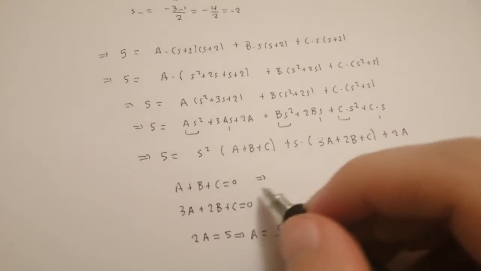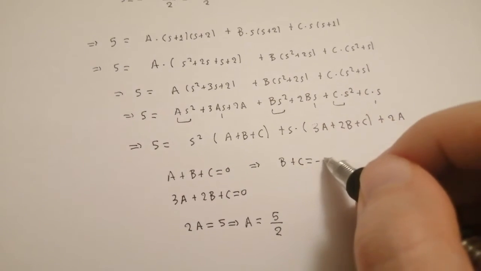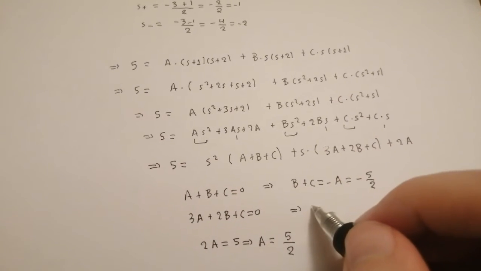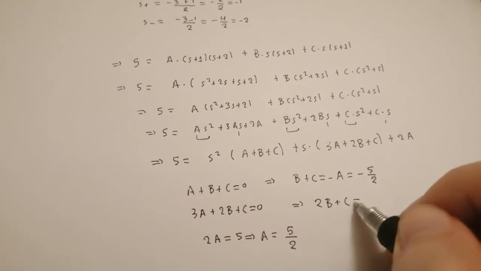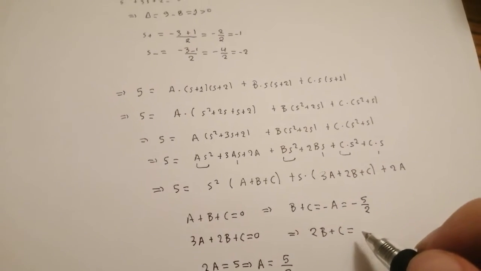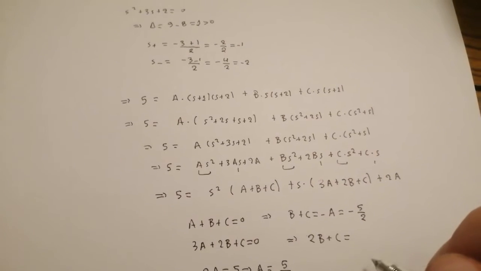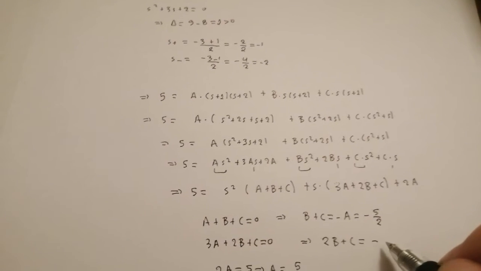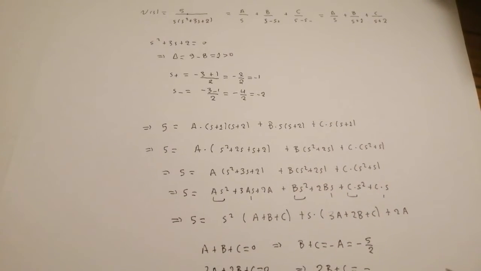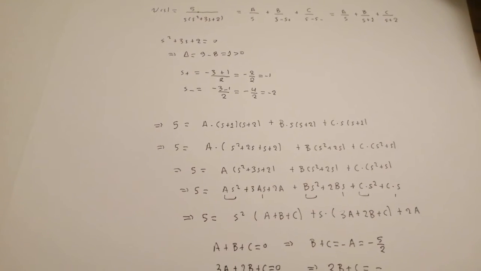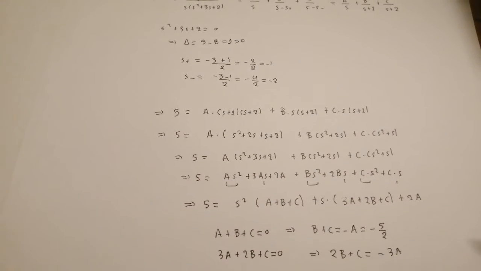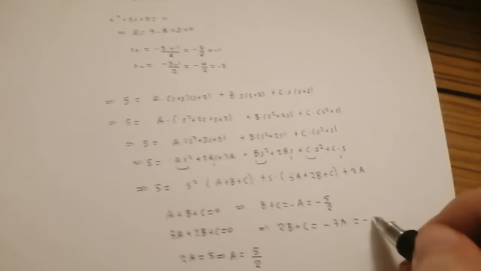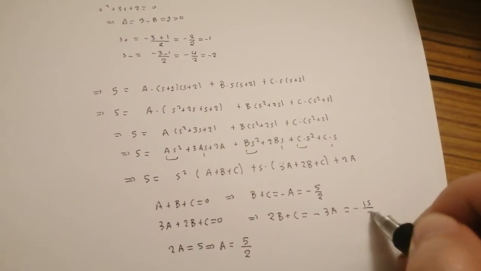I substitute A here, so B plus C is equal to minus A, equal to minus 5 over 2. And 2B plus C is equal to minus 3 times A, so it's minus 15 over 2.